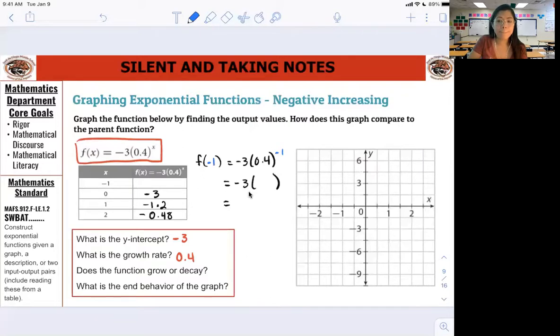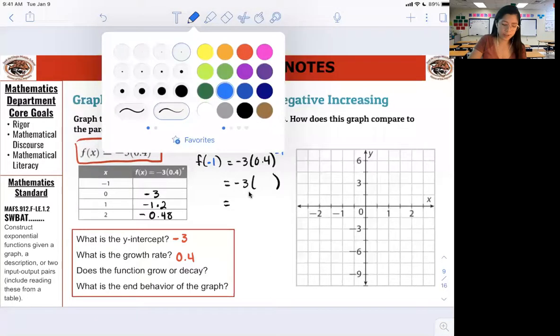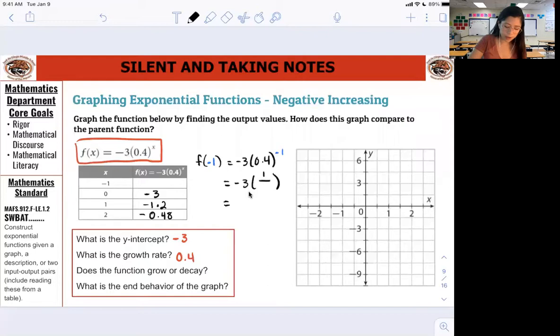It turns into a fraction. So I have 1 over 0.4. What is 1 divided by 0.4? 2.5. Good.